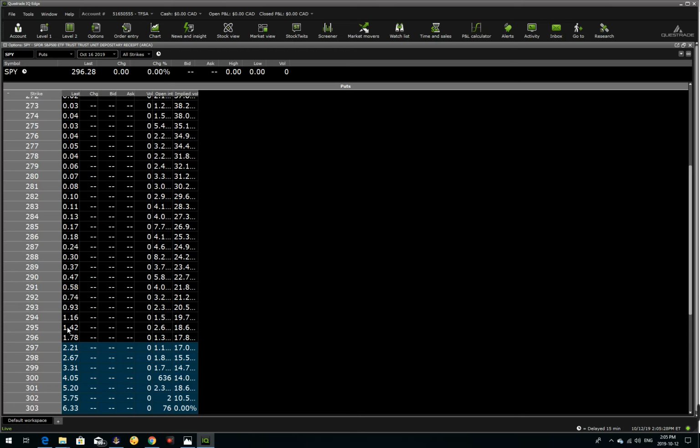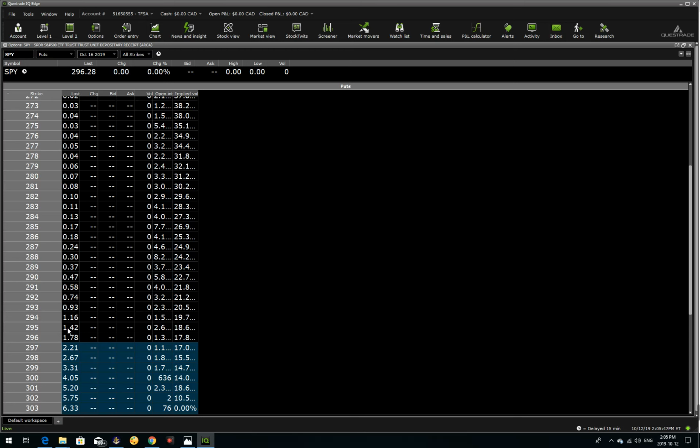Now we only paid 274, remember, because we've mitigated our cost with this here. So the market does not have to move down very much. And if we were bearish here, this would actually be quite a good strategy. The numbers work quite well because a $2 move would almost double your investment.